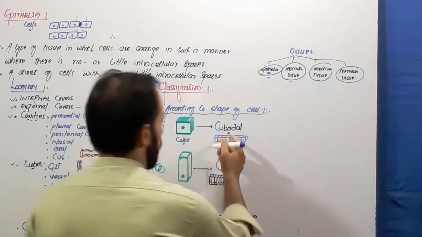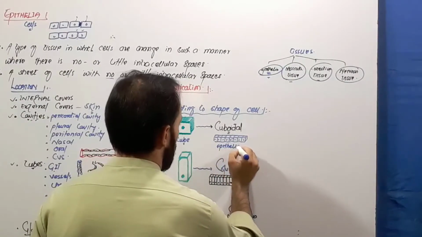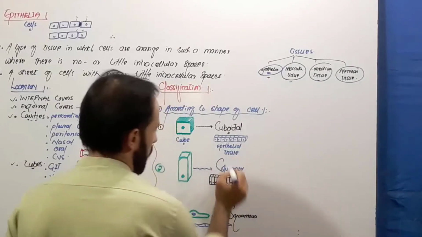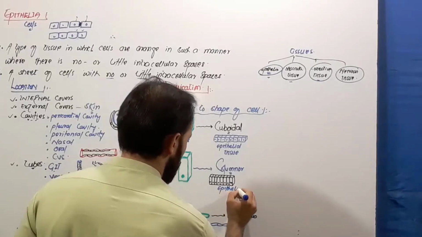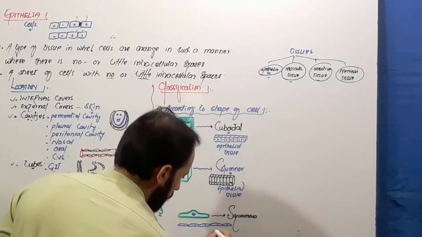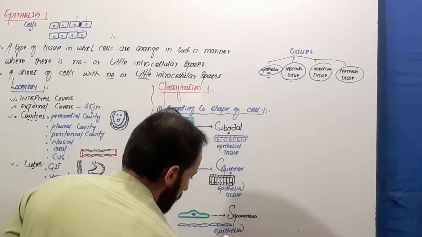So we say cuboidal epithelial tissue, right? And we say columnar epithelial tissue, done. And then we say squamous epithelial tissue.